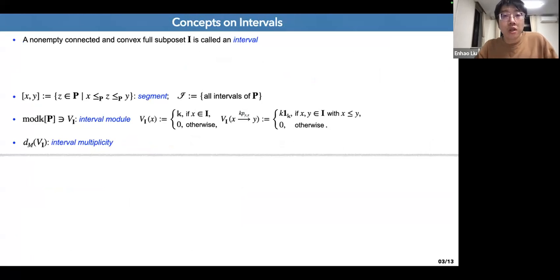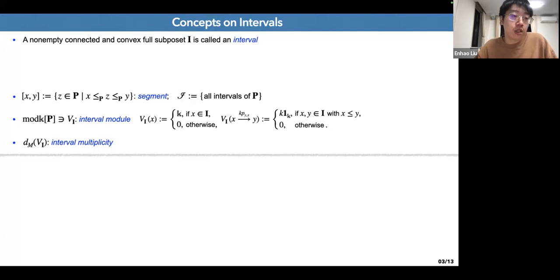Okay, so we introduce some notation and concepts about intervals, which we are interested in. First, of course, is the concept of an interval. What is an interval of a finite poset? It is a non-empty, connected, and convex full subposet.